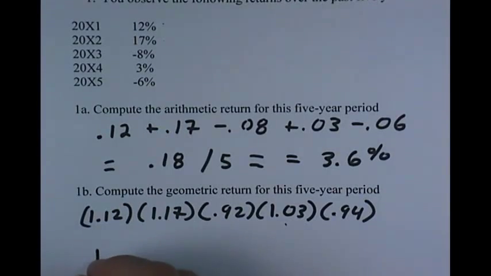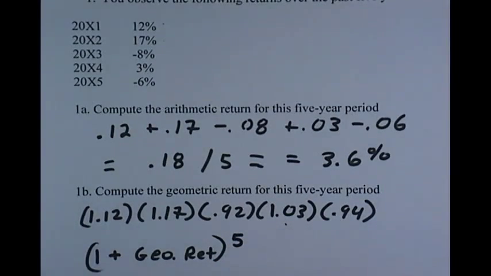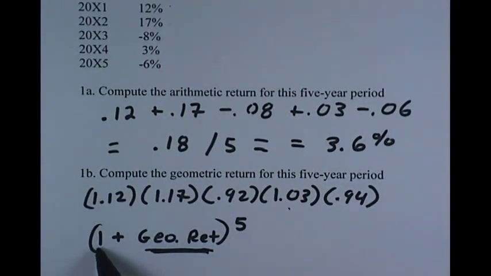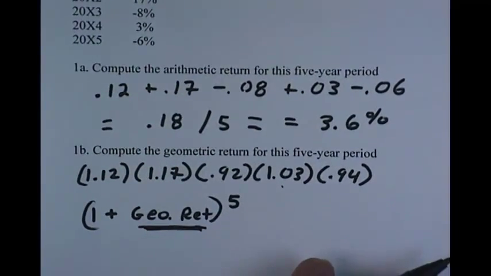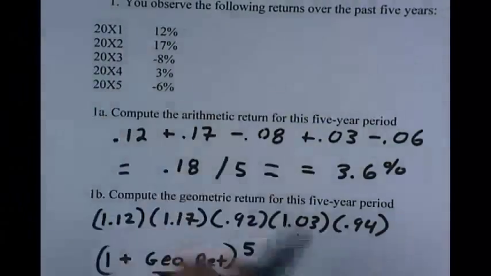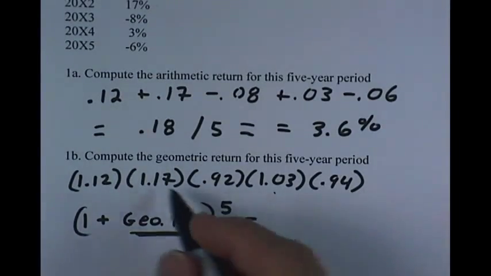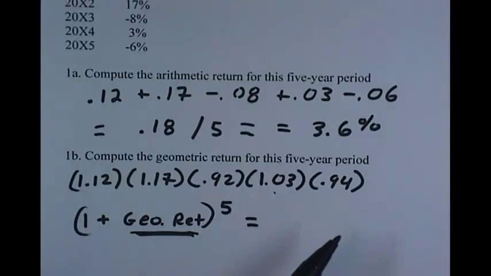And there is some singular geometric rate of return that would be compounded. So this is one number, a singular number for rate of return, the geometric return, that when a 1 is added to that return, it would compound 5 times because this was a 5-year period of time, and it would equal the same thing as the product of 1 plus all those 5 individual rates of return.